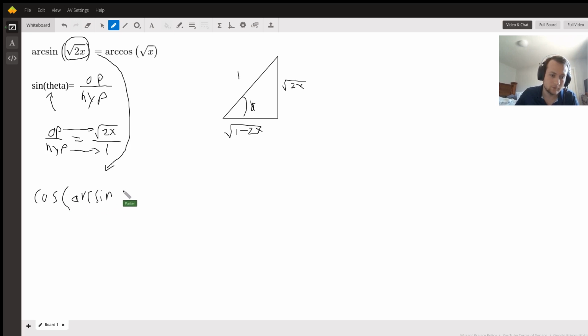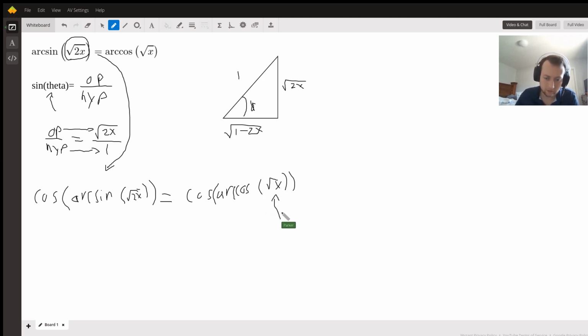The cosine of arcsine of square root of 2x is equal to the cosine of the arccosine of square root of x. Now, an important thing to remember here is that arccosine is telling you you have a ratio and you want the angle associated to that ratio.